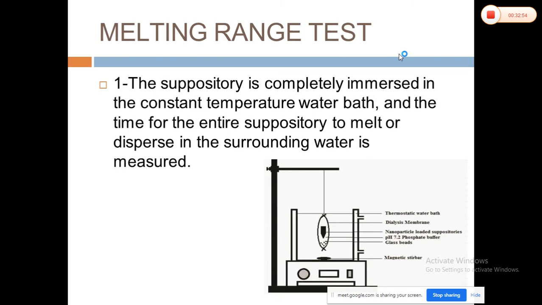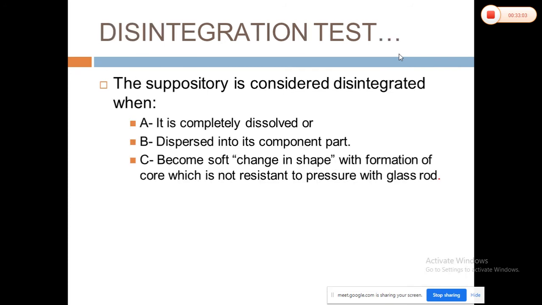That is the weight uniformity. Melting range test: that is the time required to melt your suppositories, which gives the melting range. Disintegration test, again the same thing.